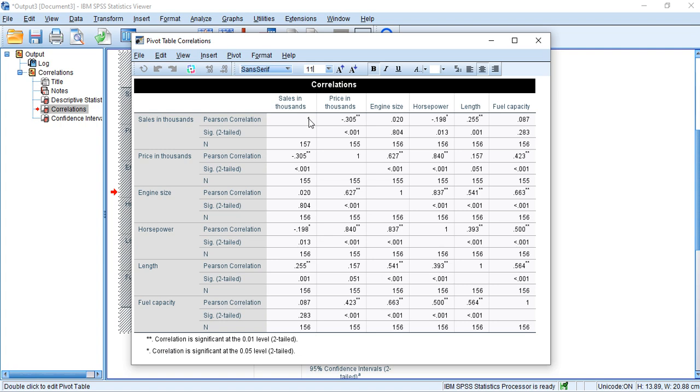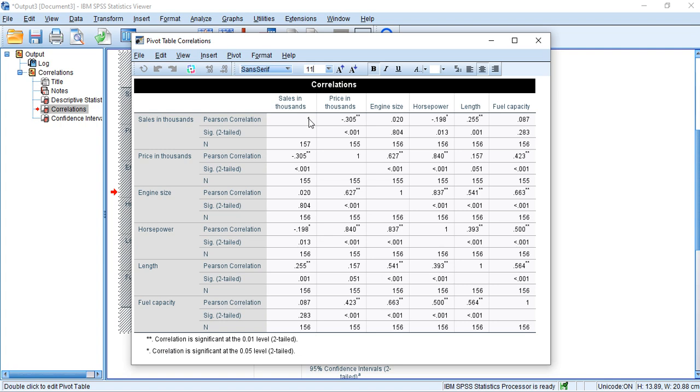Between 0.75 and 1, it's a strong relationship. Between 0.5 and 0.75, it is moderate. Between 0.25 and 0.5, it is weak. When it is at 0, there is no relationship.